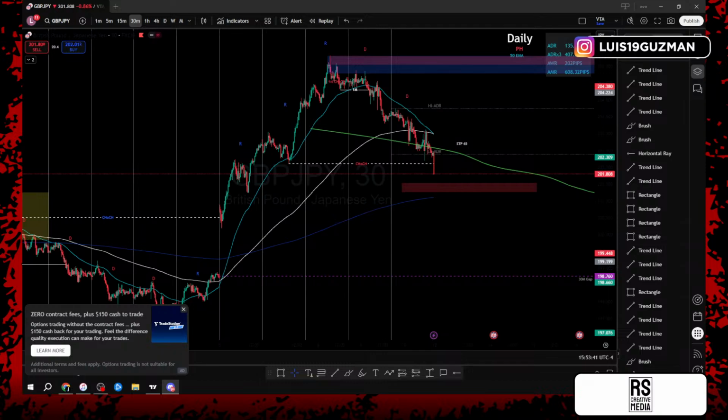GJ, and looking for price to give a 30-minute BOS to fill the gap at the lows. All right.